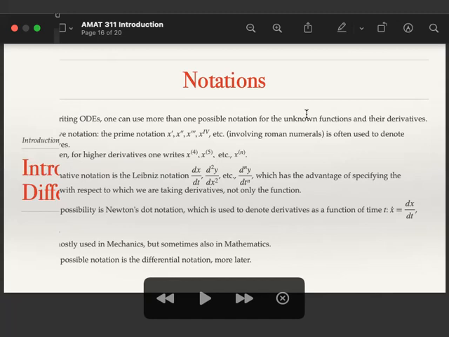But then usually after the third derivative, instead of using Roman numerals, one uses Arabic numerals in parentheses. So x to the power 4 between parentheses means the fourth derivative. x to the power 5 between parentheses means the fifth derivative of x, etc. So x to the power n between parentheses means the nth derivative of x.